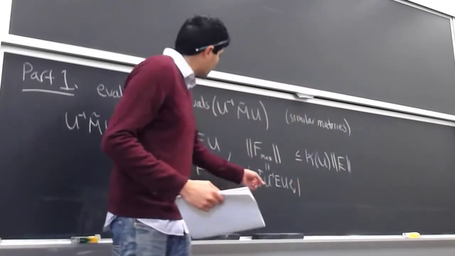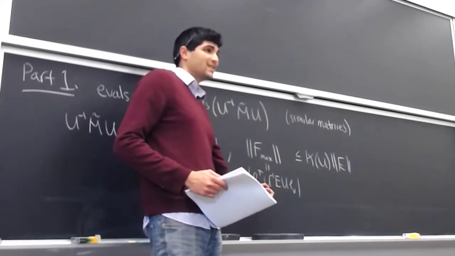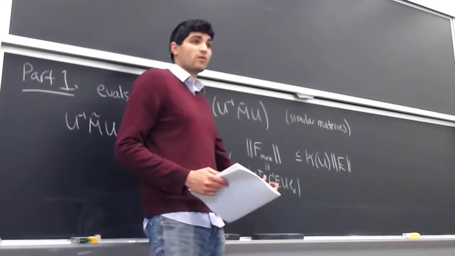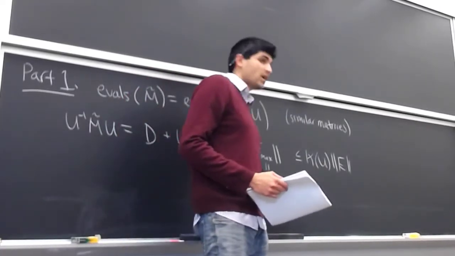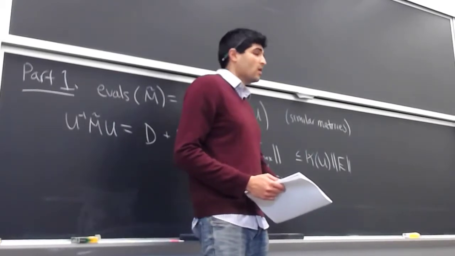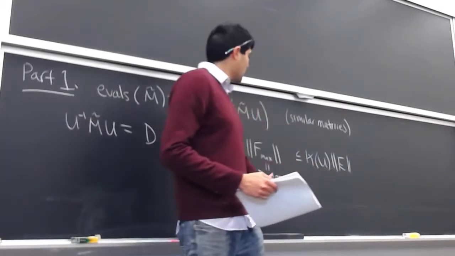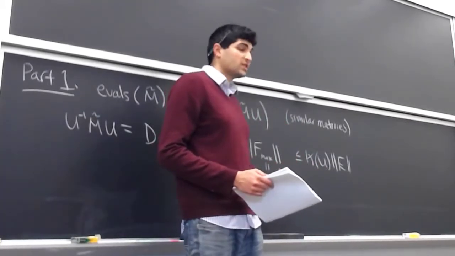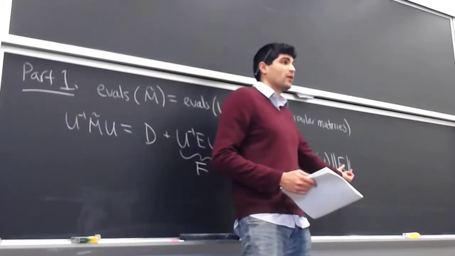Right? Because when I multiply e_i by U inverse, that vector gets dilated by at most 1 over sigma min of U. And when I multiply U times e_j, it gets dilated by sigma max of U. So we end up pulling out this condition number, and then we're taking a quadratic form of two scaled unit vectors, which is where we get this operator norm.